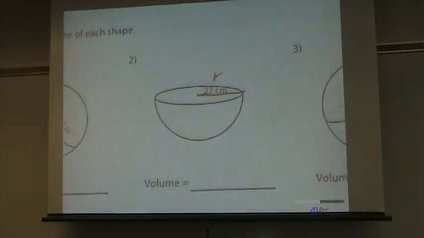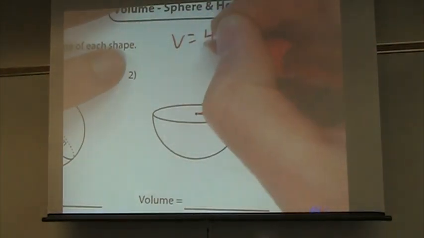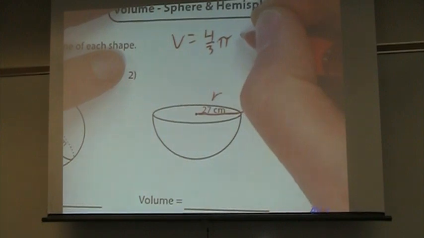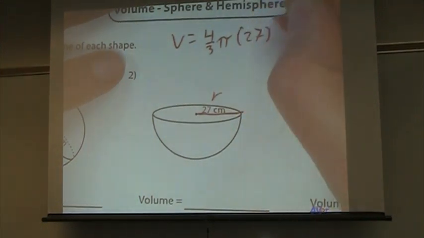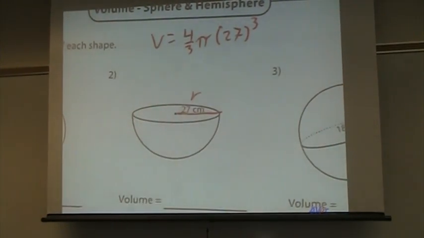So all you do is use your volume formula: volume equals 4/3 pi r cubed, where r is 27. Again, your calculator will be your friend on this assignment because these numbers are massive. If you've got a calculator that can do the fraction button, that might be your ticket.